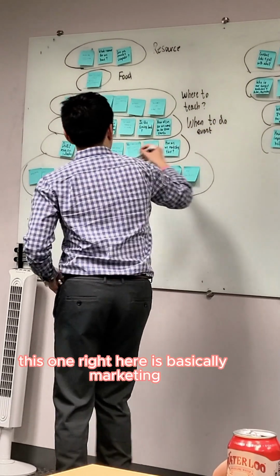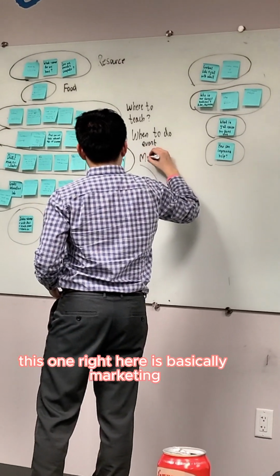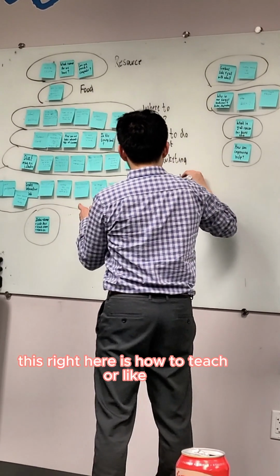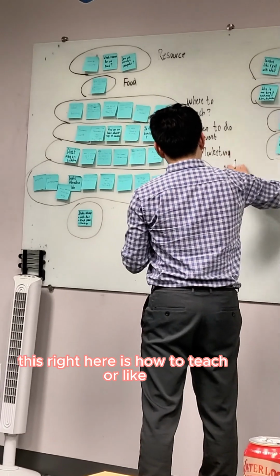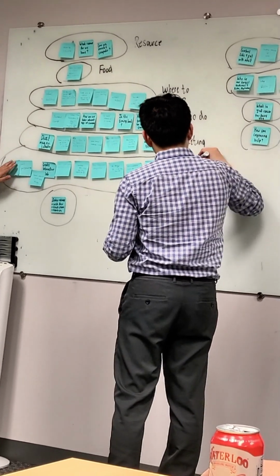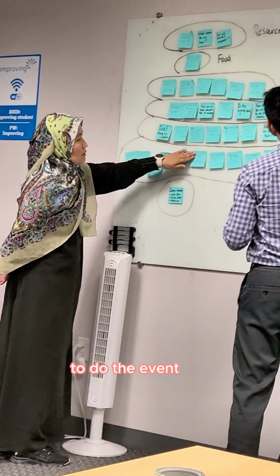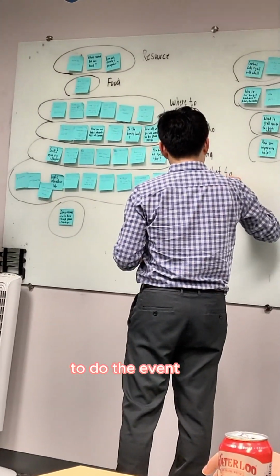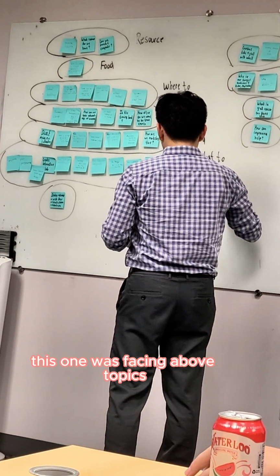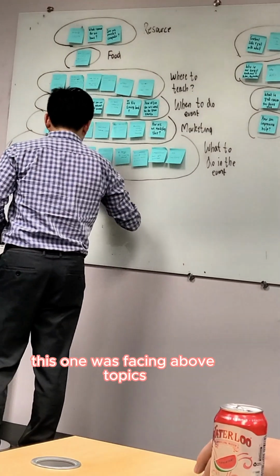This one right here is basically kind of marketing. Marketing over here. This right here is how to teach, or like the actual content, right? Of like projects to do in the event. This one was basically about topics to teach.